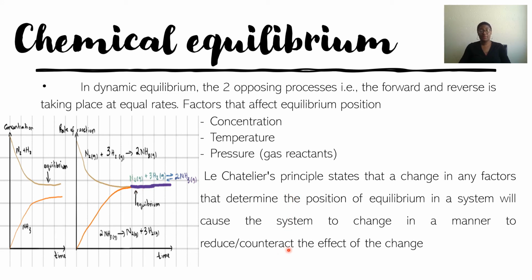Now Le Chatelier's principle comes in to help us explain the changes that happen when one of the factors is changed. It basically says that your system will readjust to counteract whatever has changed, that is causing a change in your chemical reaction.